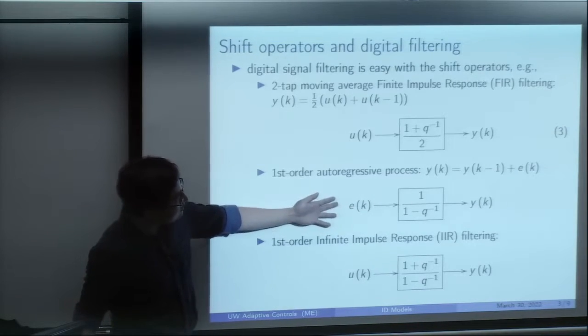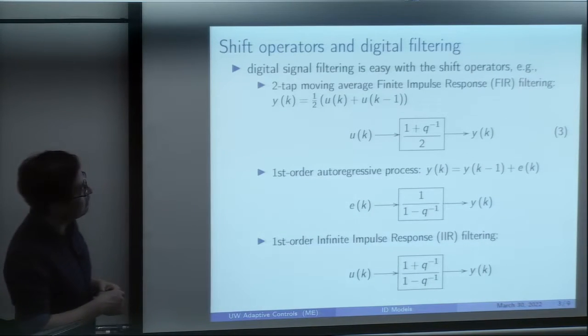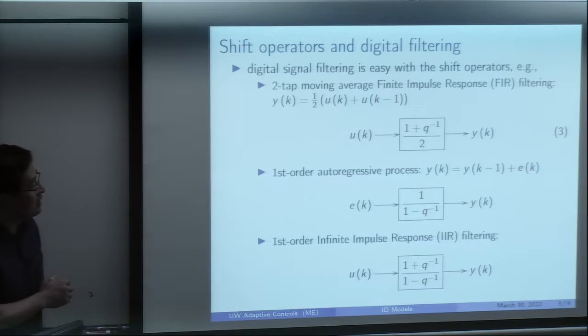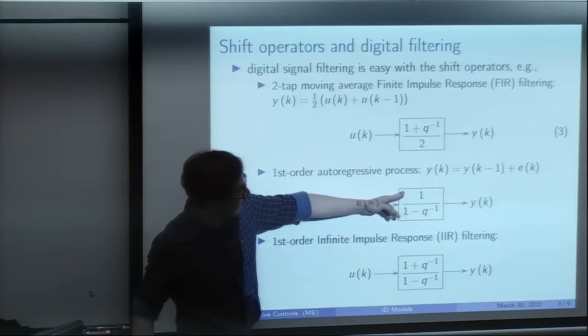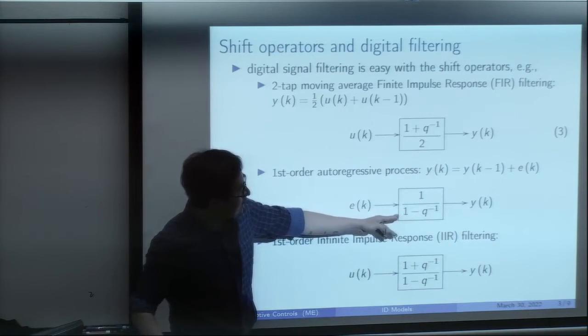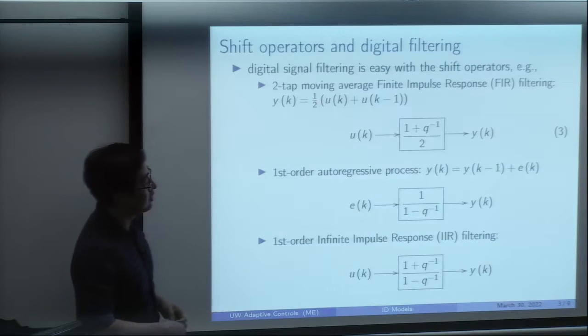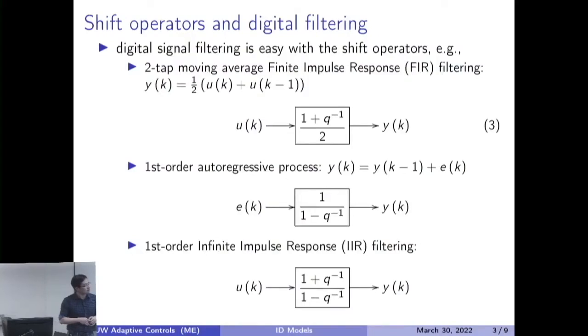When you apply a noise signal to excite a filter that looks like this, where the numerator is 1 and the denominator is a polynomial of the shift operator, you have an autoregressive process. This is called the autoregressive process. All right? So it is very easy to understand.